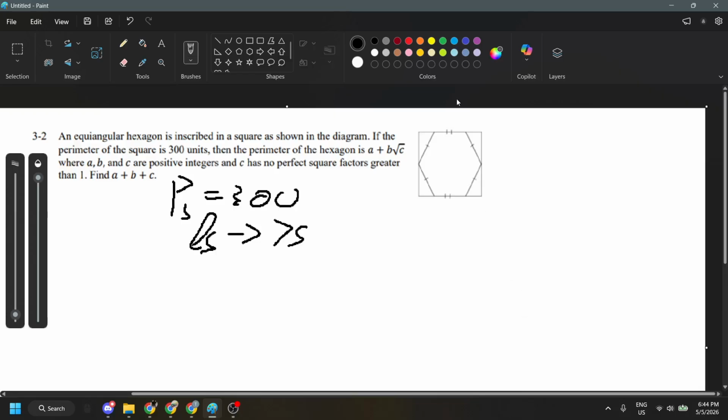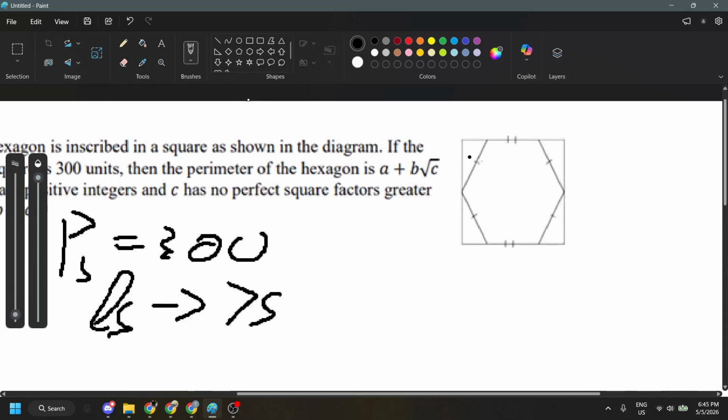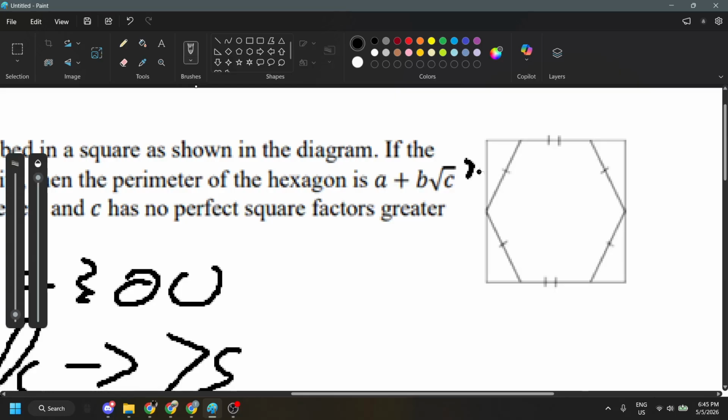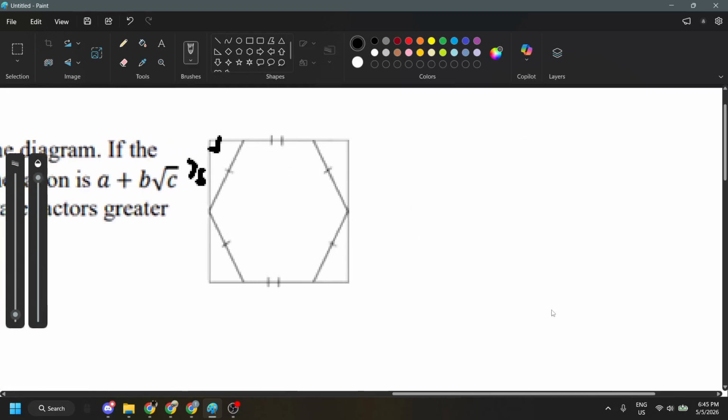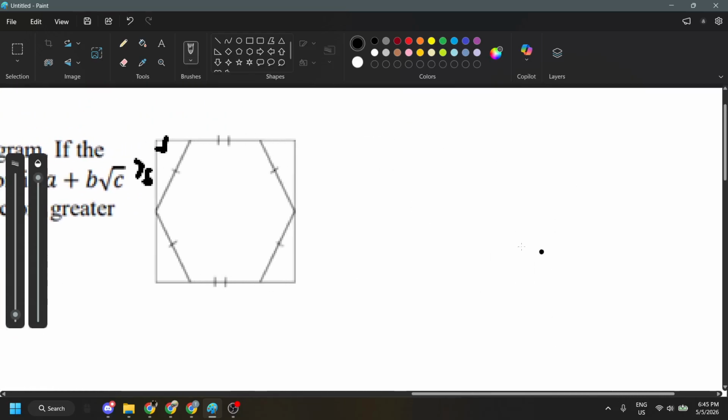What else can we tell? If that's 75, then you can see here, if I could zoom in, this is 75, and this is a right angle. So if we could get this one right here, we can get this. So what do we know about this? We know 75 squared.